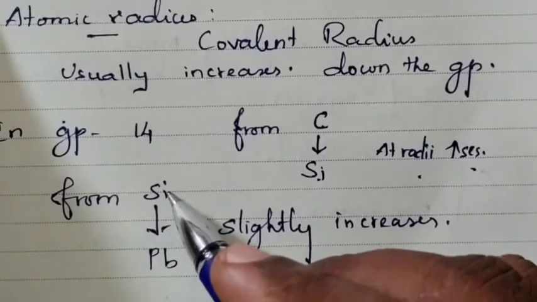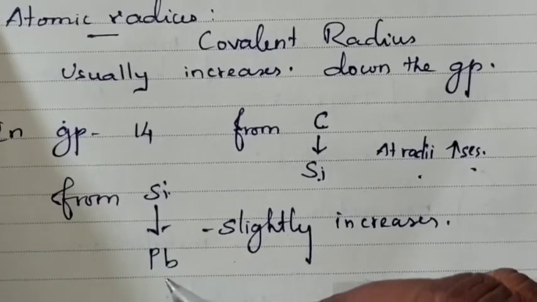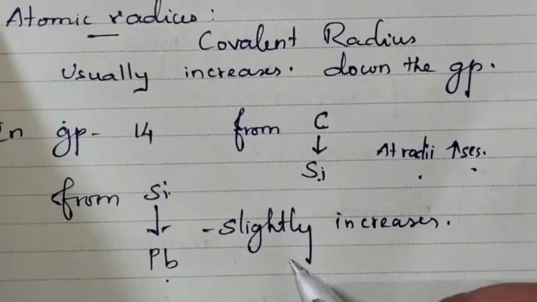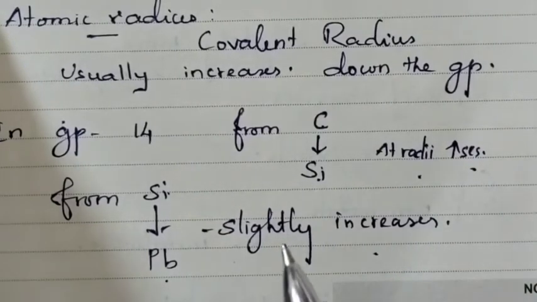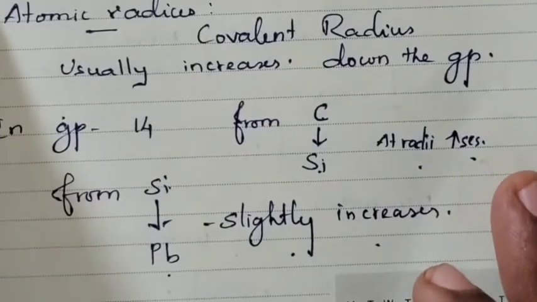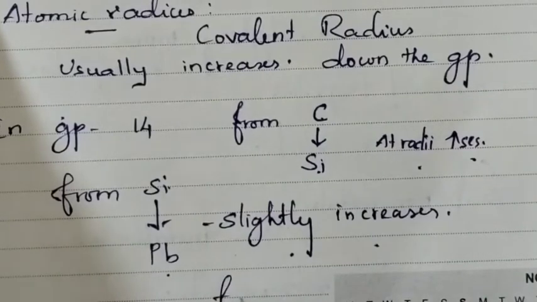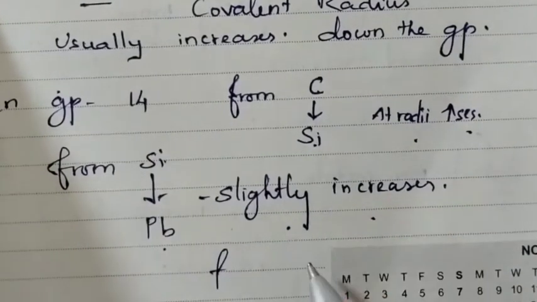But when we move from silicon to lead, the atomic radius increases only slightly. This is because of the completely filled f orbitals and d orbitals.